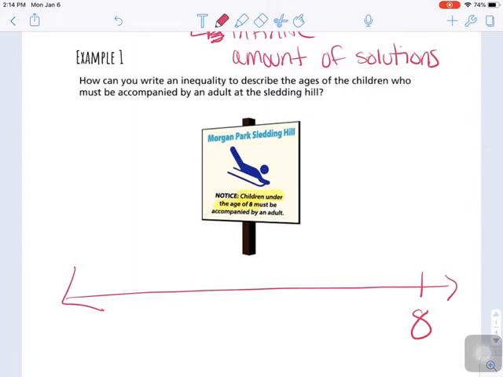How old could they be if they need to have a parent with them? So if it's saying under 8, they could be 7, 6, 5, 4, 3, 2, 1 years old. We can even go down to 0 because technically we could have like a 6-month-old or 8-month-old.